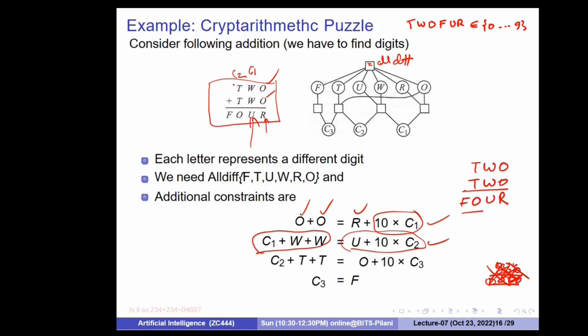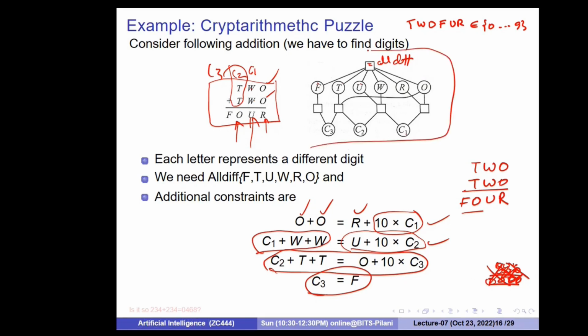Similarly here, T plus T plus C2 is equal to O plus 10 multiplied by C3. And then C3 is equal to F, because whatever is there, it comes down. So you are creating F, T, U, W, R and O, and then you are connecting them with the auxiliary variables C1, C2, C3, and then you are making this kind of table.